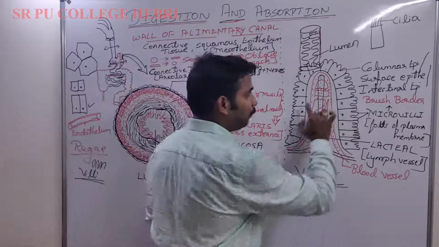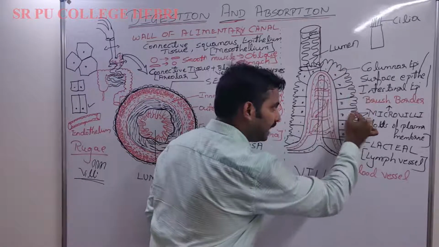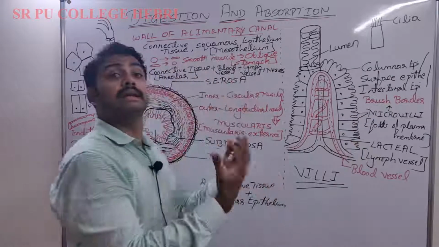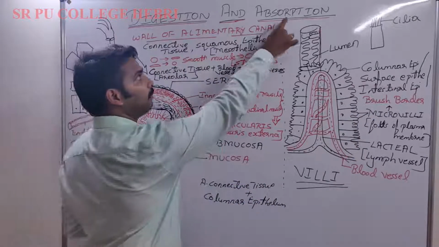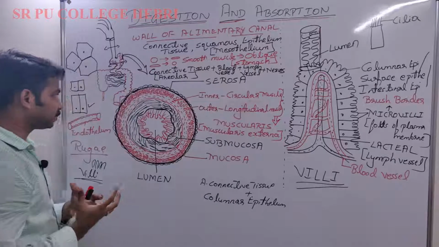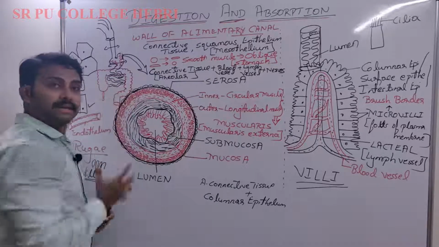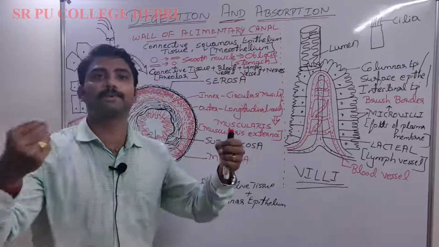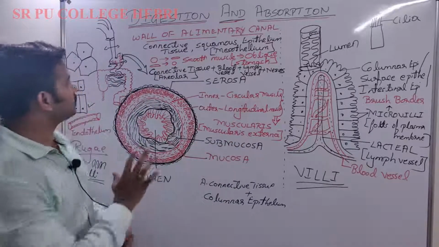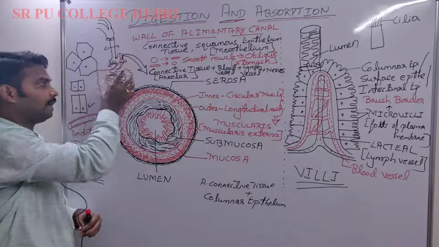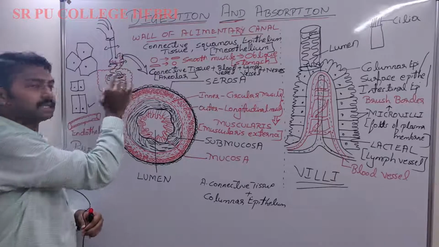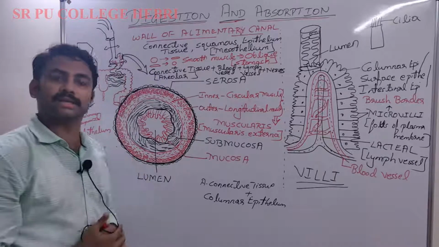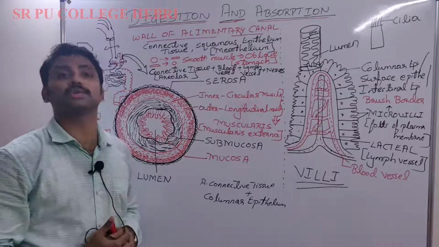Write down, villi along with its microvilli increase surface area for what? Absorption. That's why you call the small intestine the principal site for absorption of food. This is all about the study of the alimentary canal along with its wall. In the next session we are continuing with associated glands.